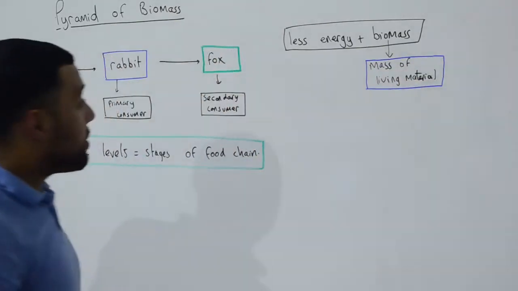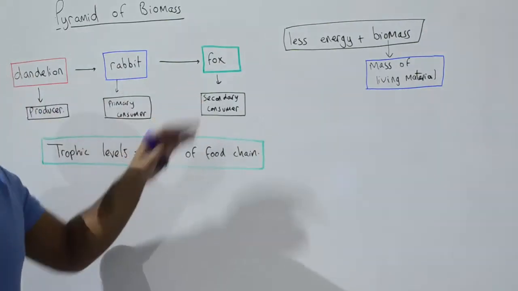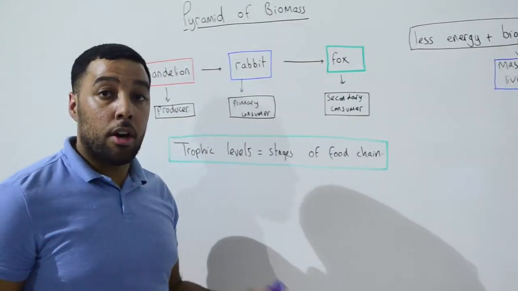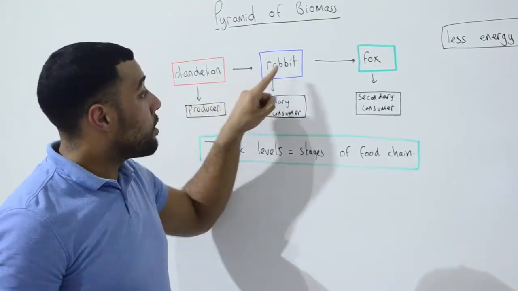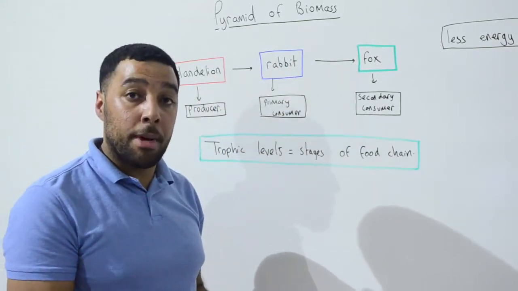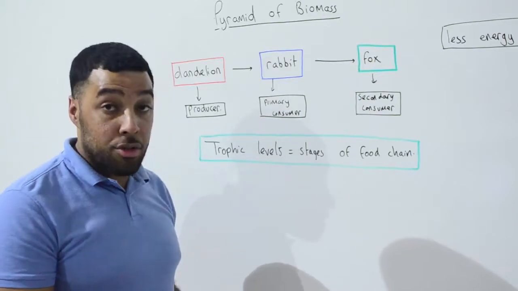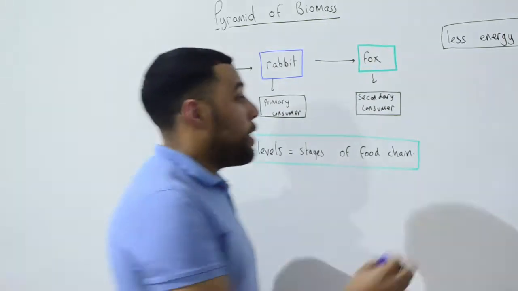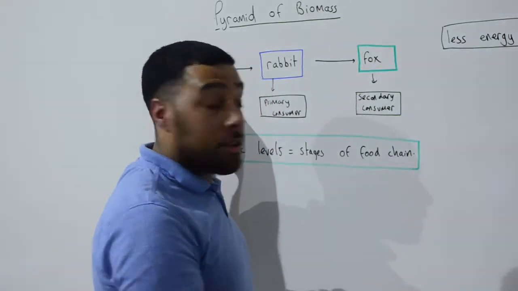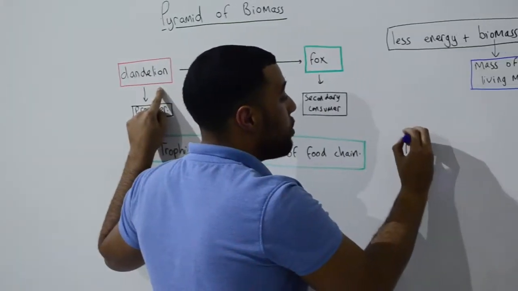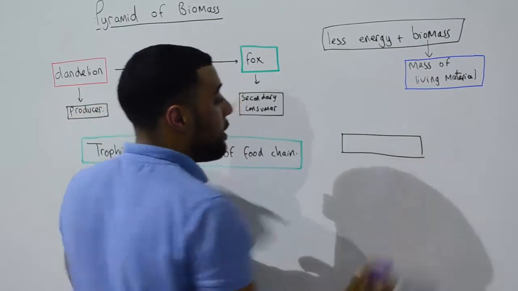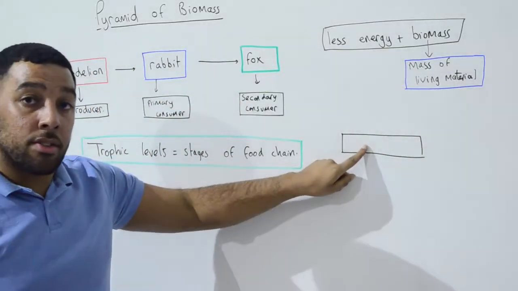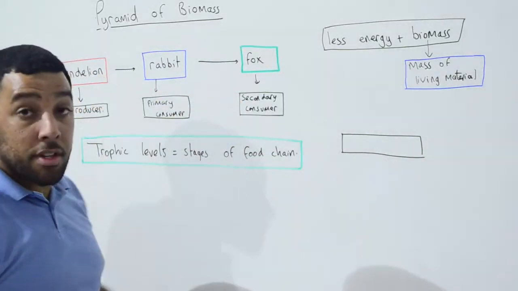Now we can represent this food chain as a pyramid of biomass. We know that as you go along the food chain, the amount of biomass and energy decreases. That means that the dandelion would have the most amount of biomass. And this bar just represents the biomass of the dandelion.